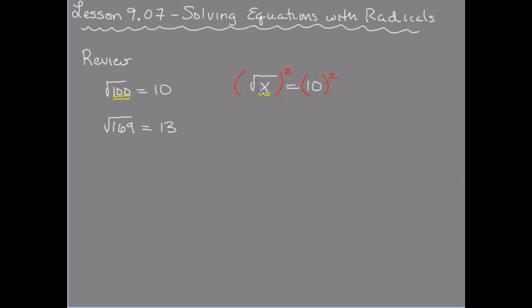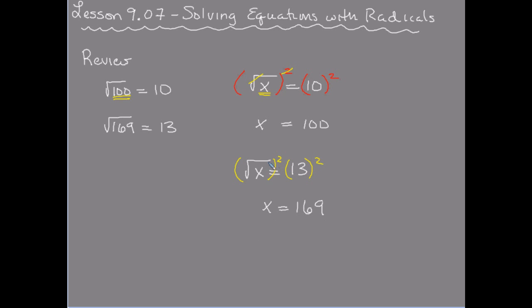If we square both sides, the square root of x squared, these square roots cancel each other out, and I'm left with x, and x would equal 100. If I had that the square root of x is equal to 13, again, I'll square both sides, and I will get that x is equal to 169.